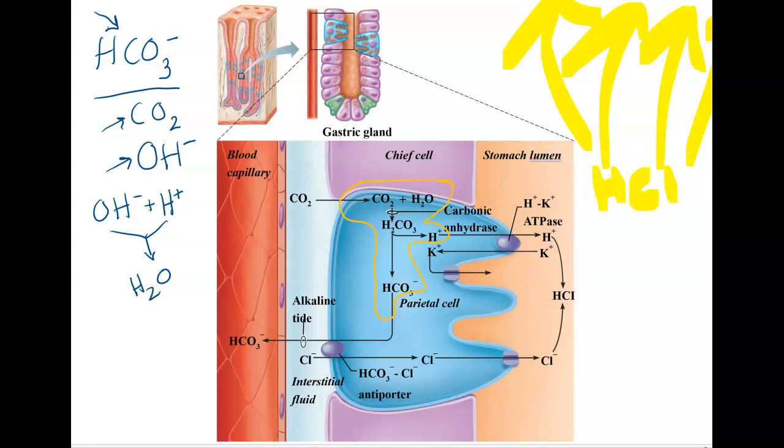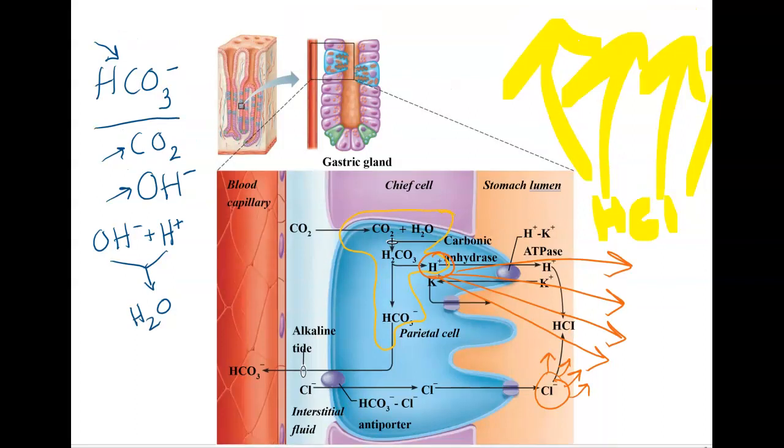And the way that it's going to do that is by generating the hydrogen ion and then bringing in more chloride ions. So every time we put a hydrogen ion out into the stomach lumen along with these chloride ions, simultaneously a bicarbonate ion gets pushed to the bloodstream.